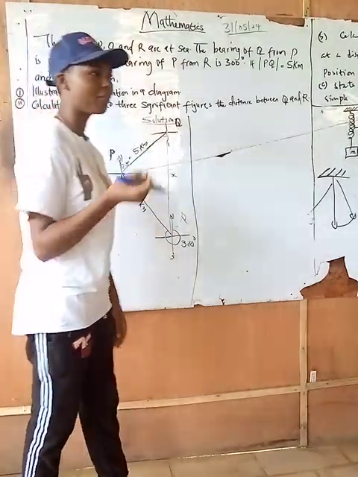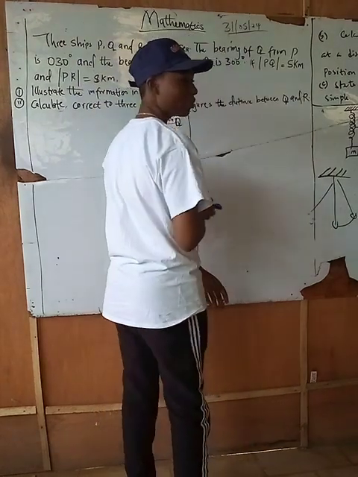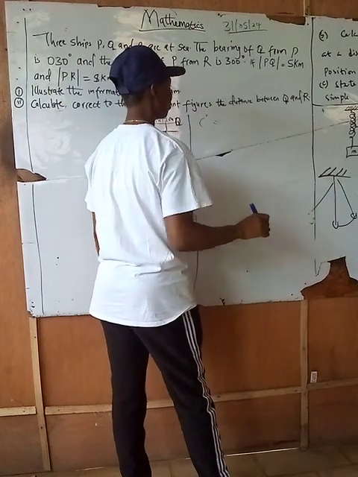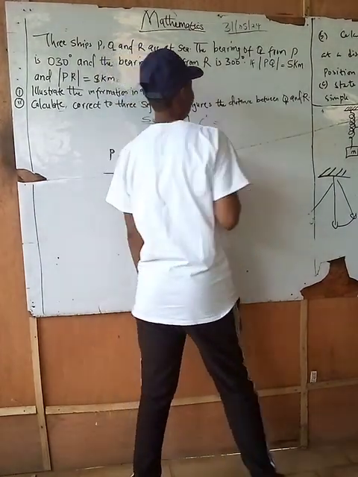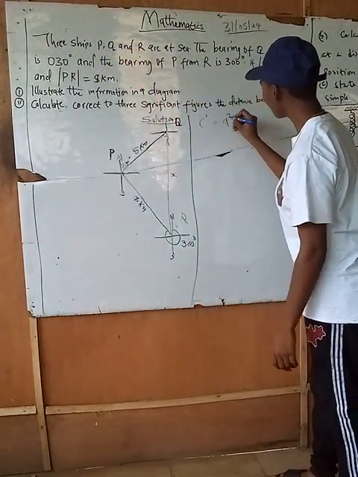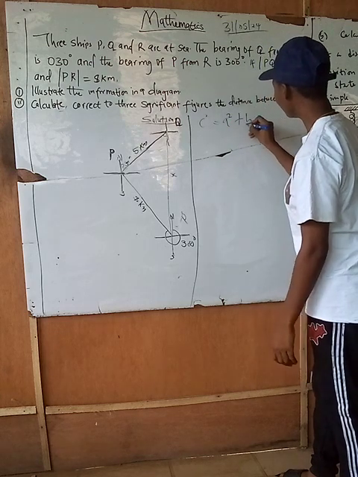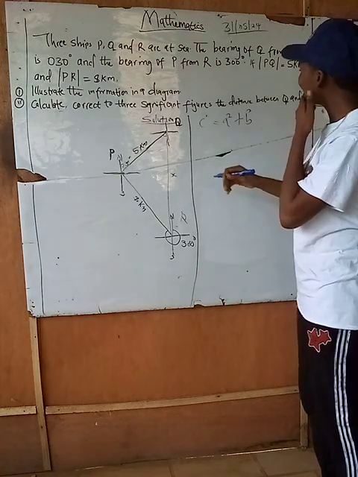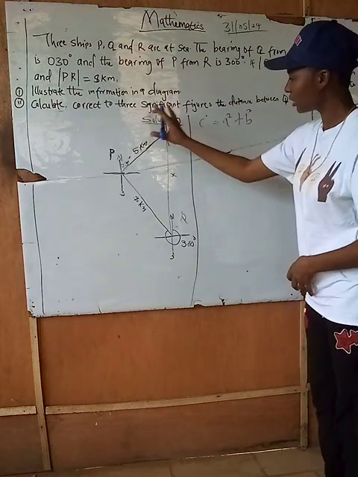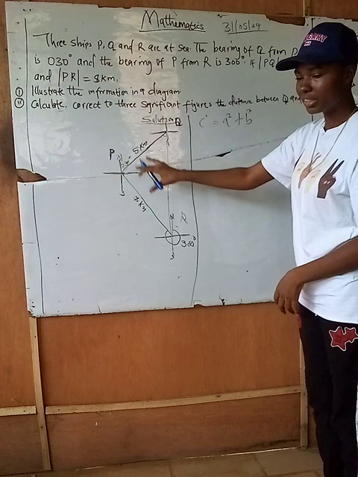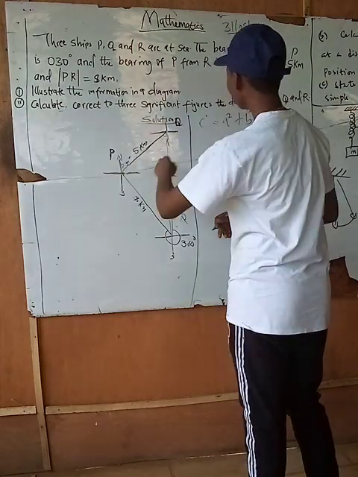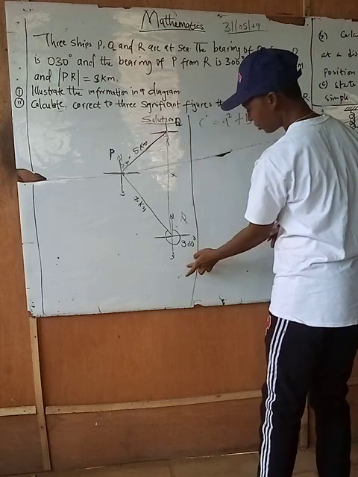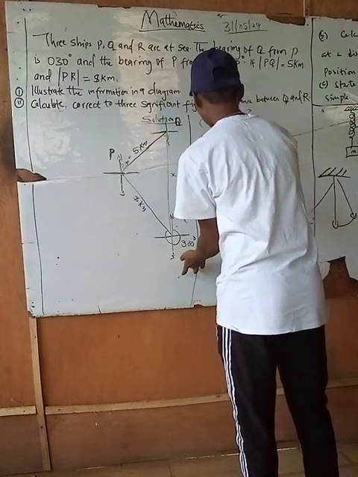And we all know our formula for Pythagoras theorem is c squared equals a squared plus b squared, right? Now let's represent it with the letters we are using here. We said we are looking for PQ, sorry, it's QR.